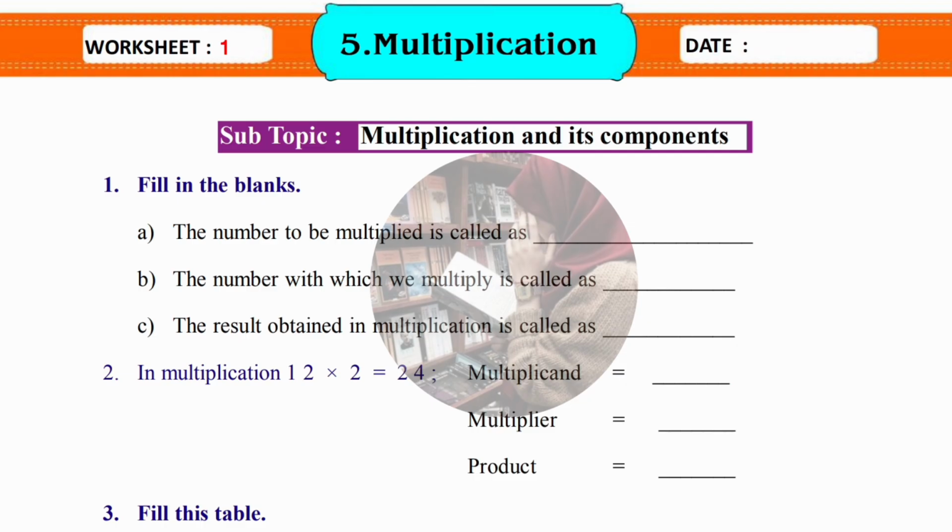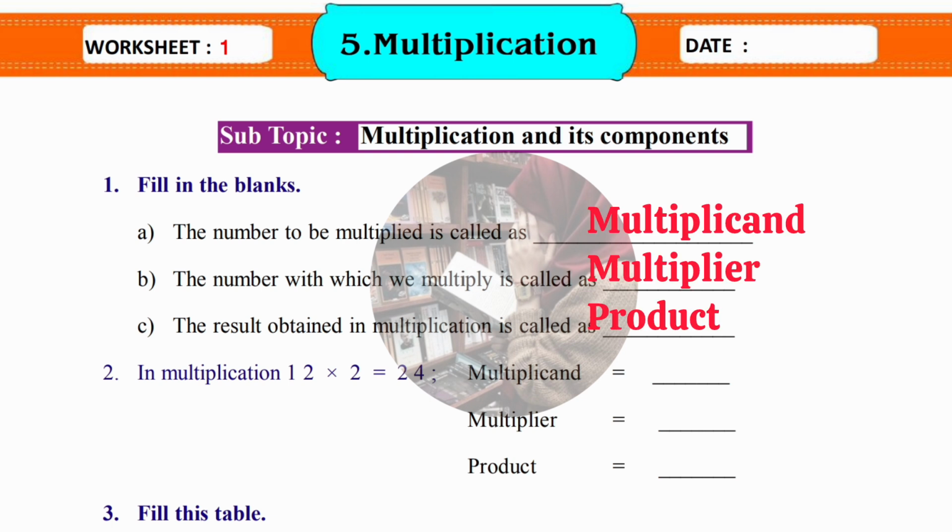Okay guys, let's see worksheet number 1. Here the subtopic is multiplication and its components. Let's see the first Roman. Here we have fill in the blanks. Let's fill it correctly. The number to be multiplied is called as multiplicand. The second one, the number with which we multiply is called as multiplier.